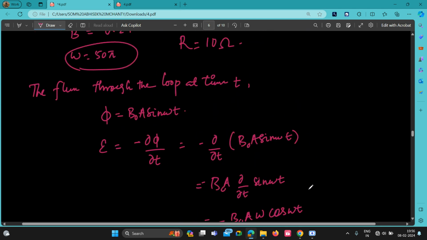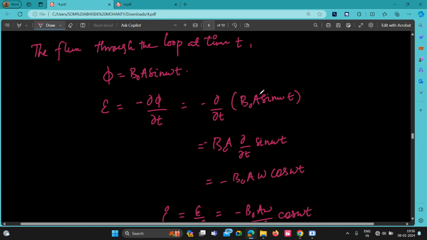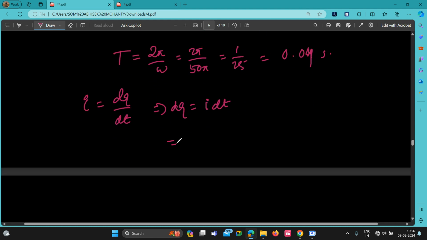Now what is the question? Find the charge flowing through any cross section from time 0 to T. We know current is dq by dt. Charge is I dt. If I integrate both sides, Q is equal to integral of I dt. What is the time?